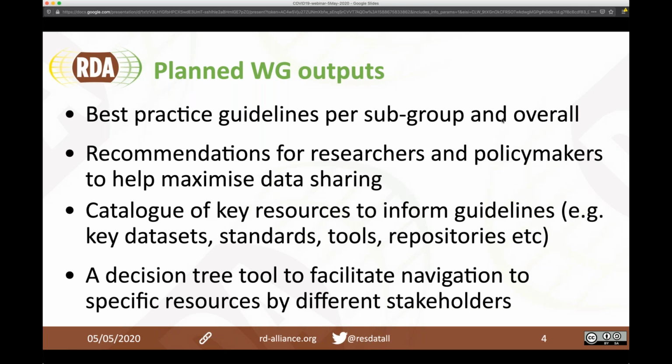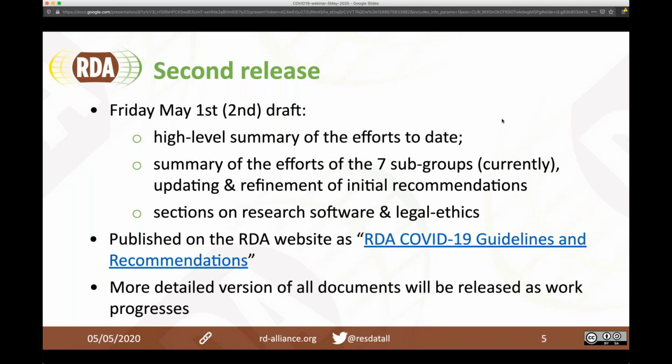There will also be a catalog of key resources that inform the guidelines or respond to the guidelines with recommendations, whether it's a data repository or a standard or other appropriate resources. And then finally, the goal after the guideline is released is to develop a decision tree tool, which would help facilitate navigation through the resources and the guidelines.